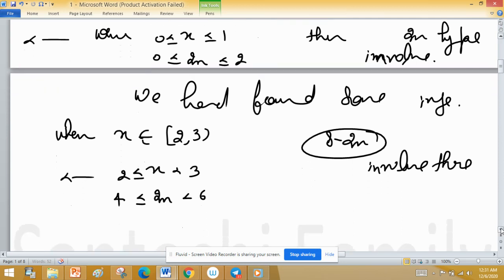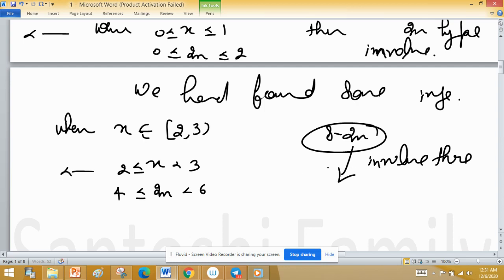Now we want negative 2x, so multiply this inequality by a negative sign. On multiplying by a negative number, the sign of the inequality changes: minus 4 greater than or equal to minus 2x greater than minus 6.